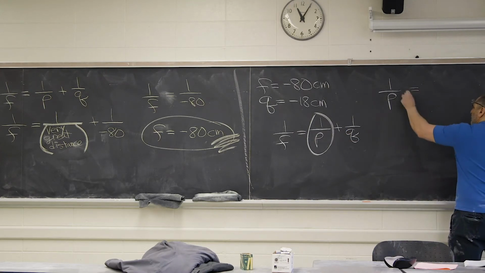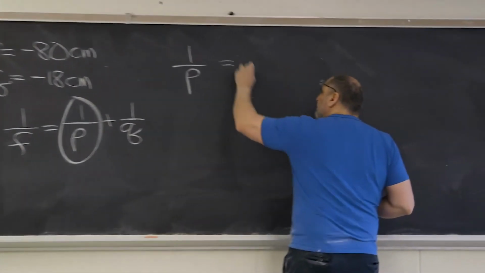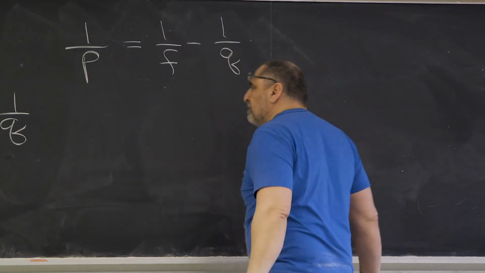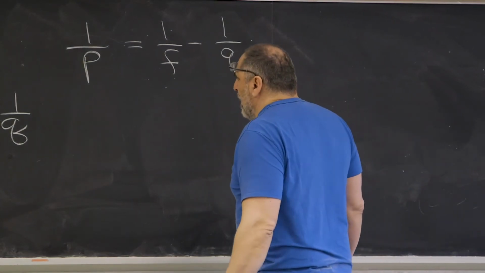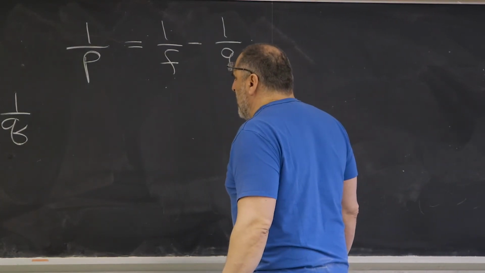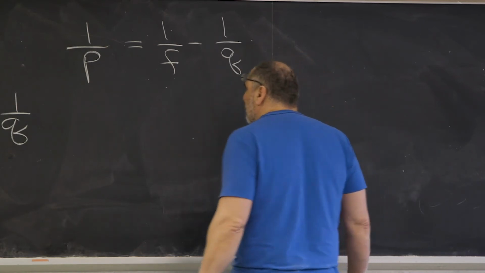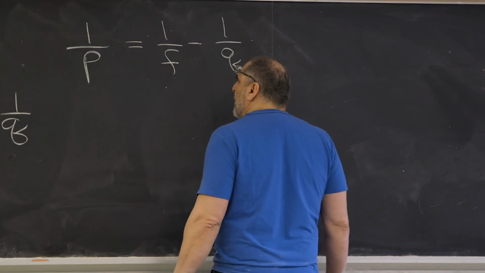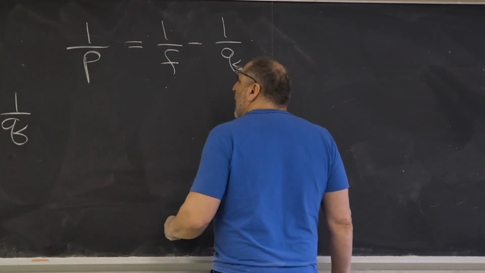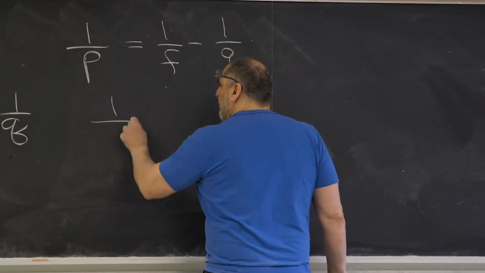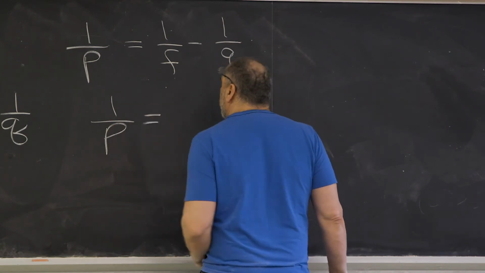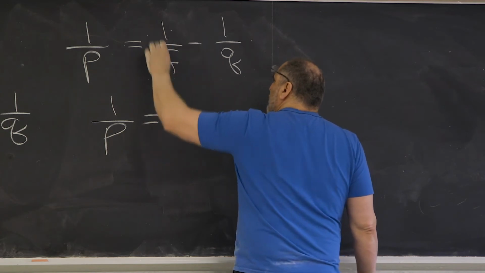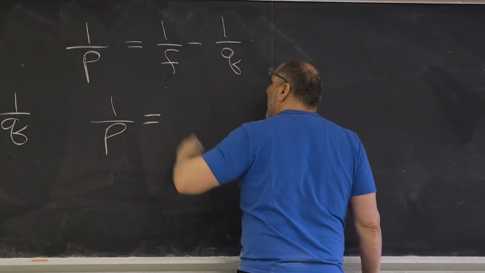This plays out as solve for 1 over p. 1 over p equals 1 over f minus 1 over q. We can do a whole bunch of things here. Flip them. 1 over p is this. f times q, do a special one, q over q, special one, f over f.